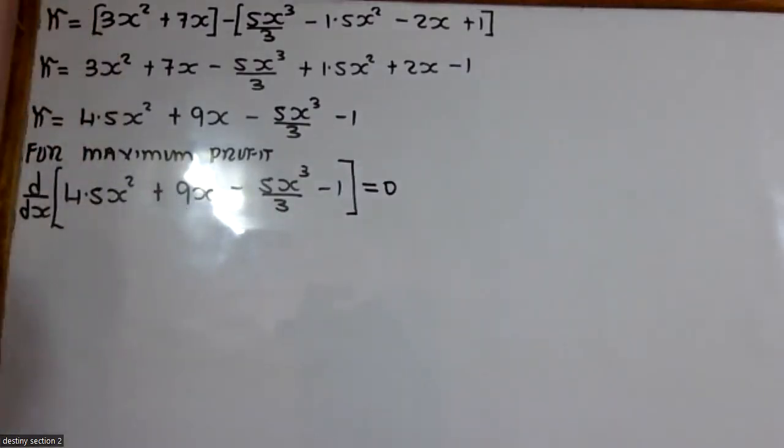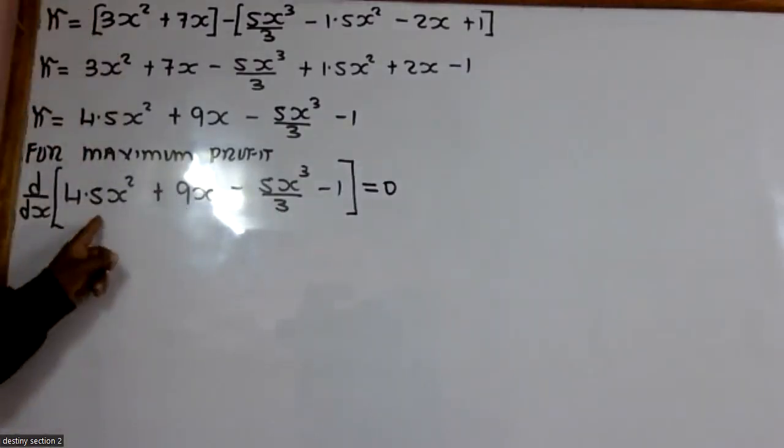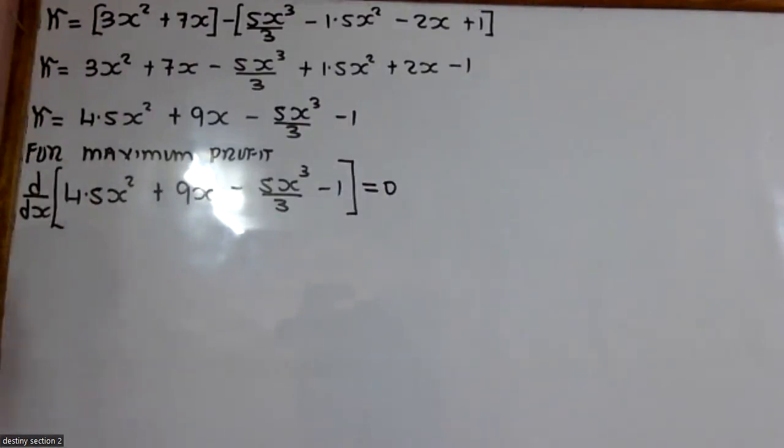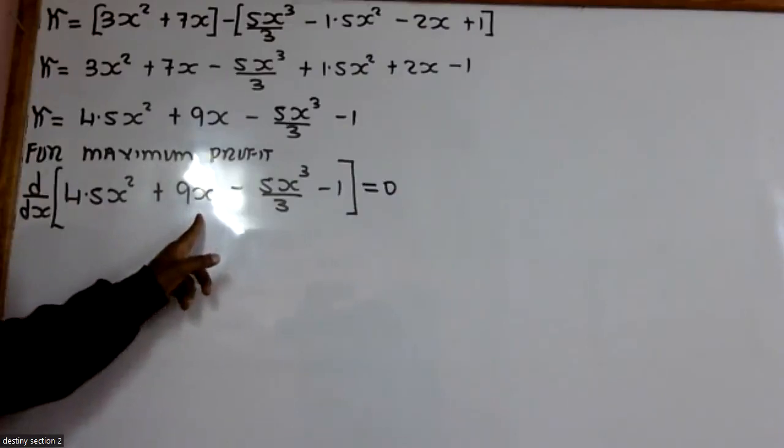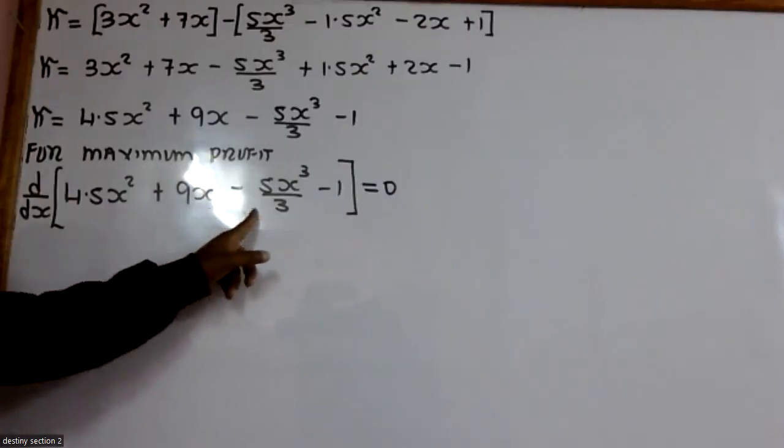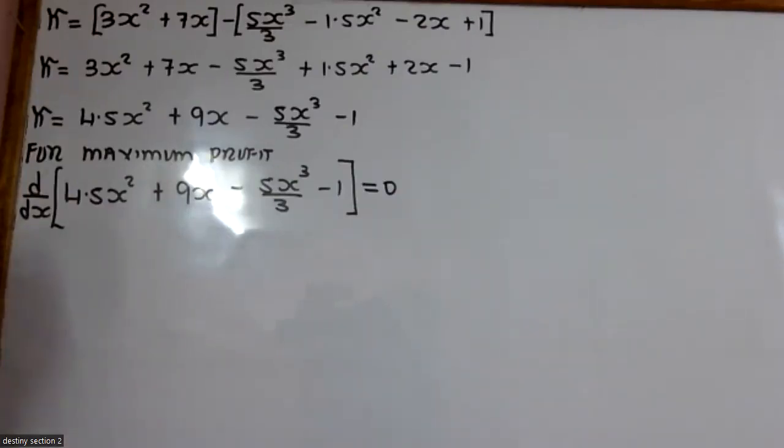When you differentiate 4.5x squared plus 9x minus 5x cubed out of 3 minus 1, it should give you a 0.